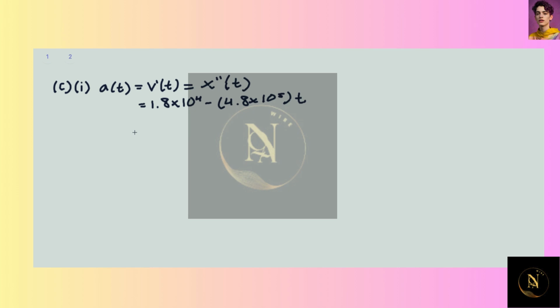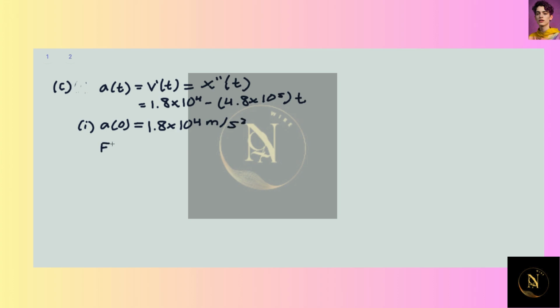Okay, so now we want to know what the initial acceleration was, in other words, acceleration at time equal to 0. So just plug it into the expression we just found. The second term basically just disappears, and we're left with 1.8 times 10 to the 4th meters per square second. But what we're really after is the force.